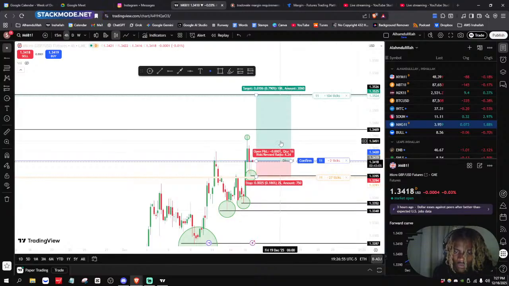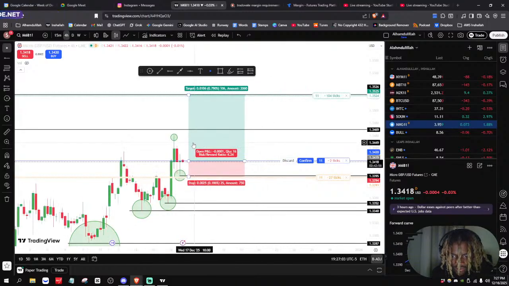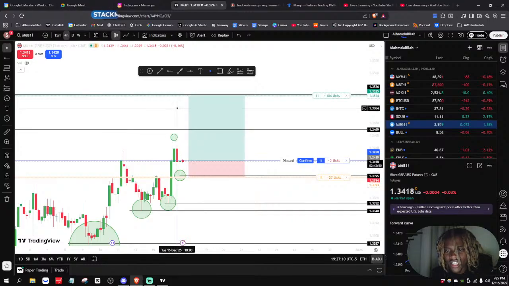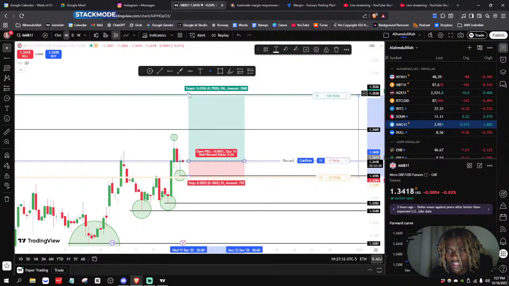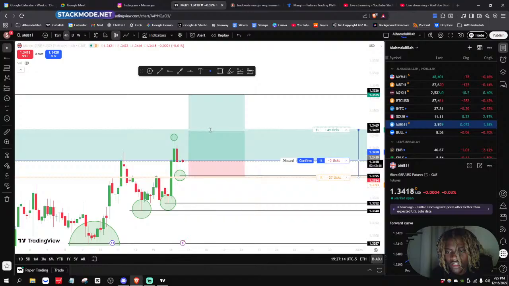So if it says risk to reward 4.24, in the red box, yep, risk to reward 4.24. Whatever that number is after the risk to reward, let's say it says 1 to 2.